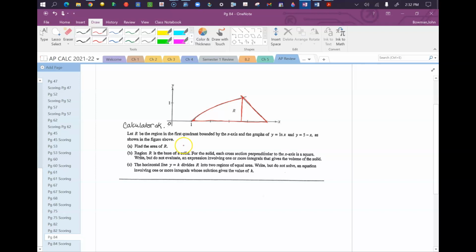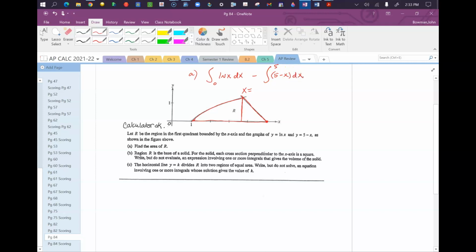So for part A, the answer is going to be the integral from 0 to whatever that x value is, which we will find in a moment, of ln x dx plus the integral from that value to x equal, well, let's see, 5 minus x is going to cross the x-axis at x equal 5 there. So to 5 of 5 minus x dx.